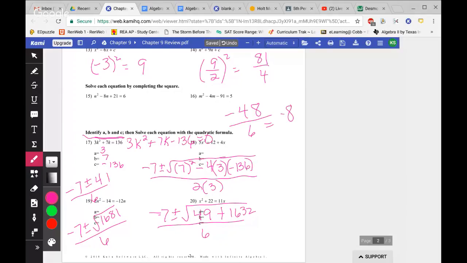And then -7 plus 41, which is 34 over 6. Did you get that also? Yes, I got that. So that reduces to 17 over 3. So I got -8 and 17 over 3. What'd you get? -8 and 17 over 3.